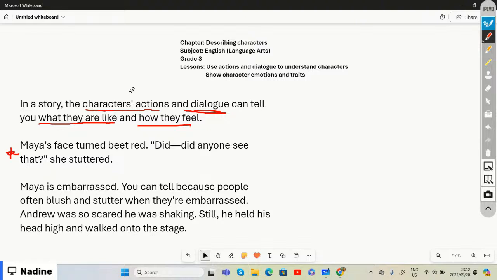But in this case, the person's face turned red because it shows that the person was embarrassed. Yes, so it can be mad, it can be angry, or it can be where the person is embarrassed. So well done.